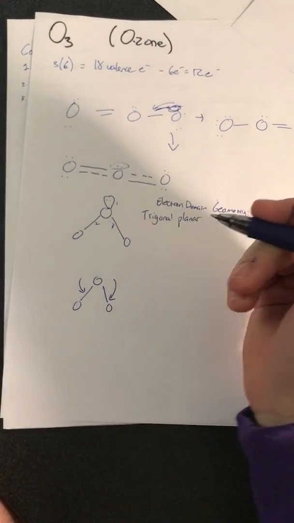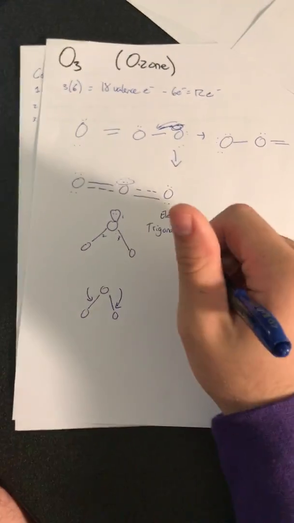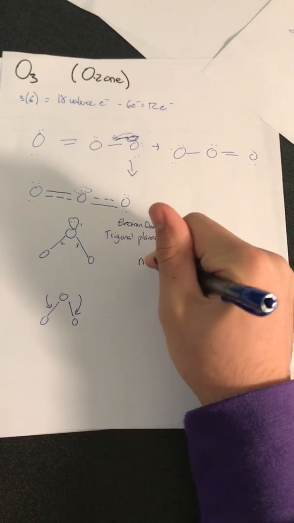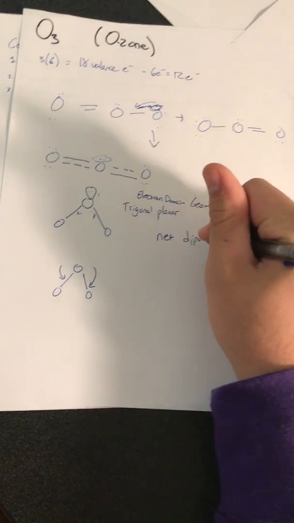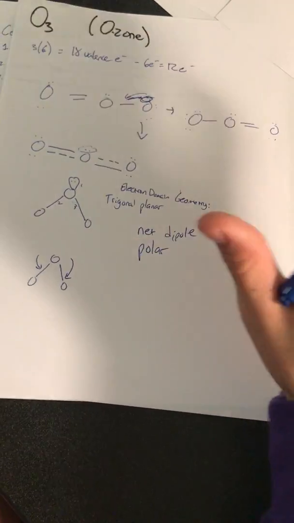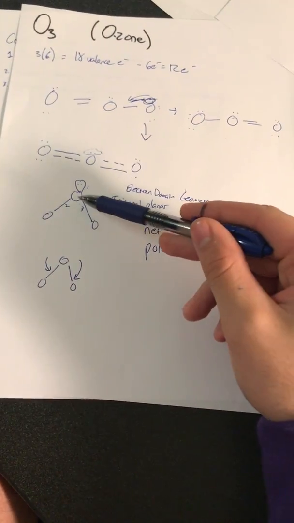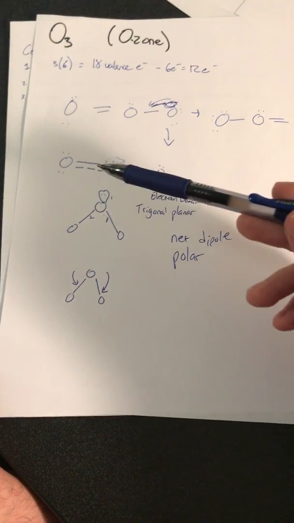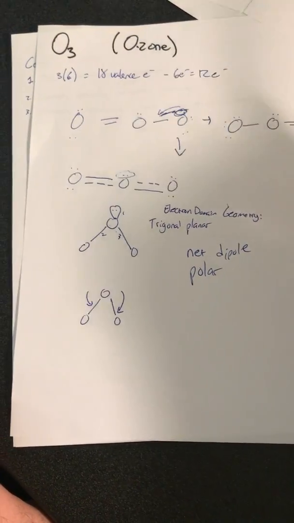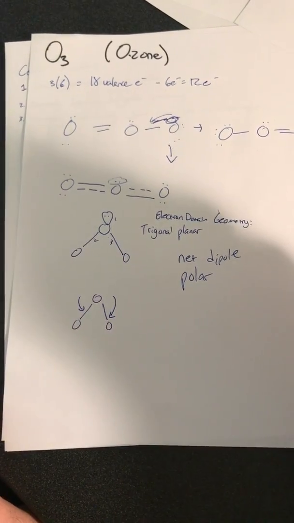It is not a bond. So because they are not equivalent, there is in fact a net dipole, making this molecule polar. So just to recap, if the central atom has a domain that is not equivalent to the rest of them, then it is in fact polar.